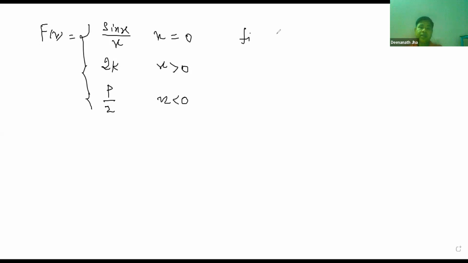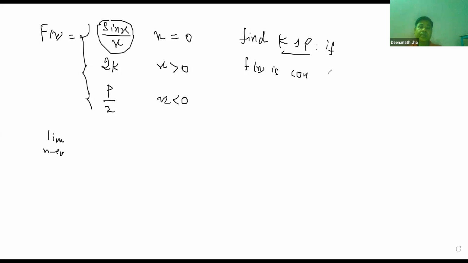Find k and p if f(x) is continuous at x equal to 0. First, you tell me, you know the limit x tends to 0 of sin x by x. What is its value? 1. Very good.